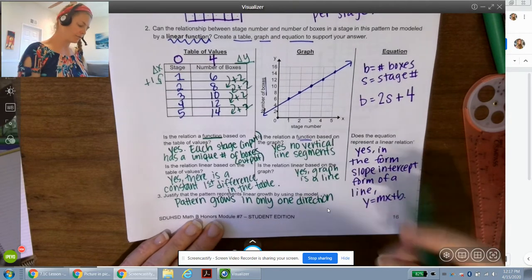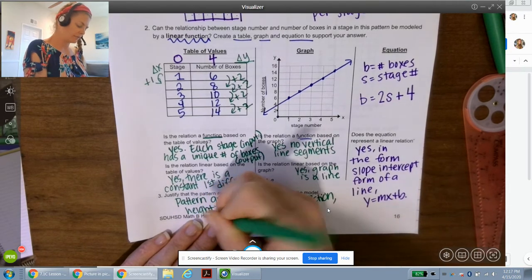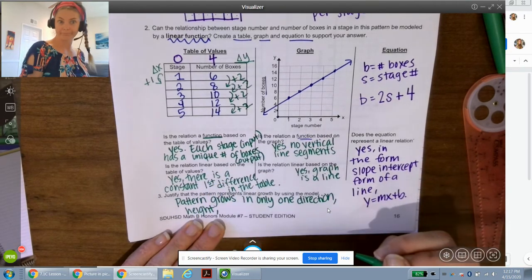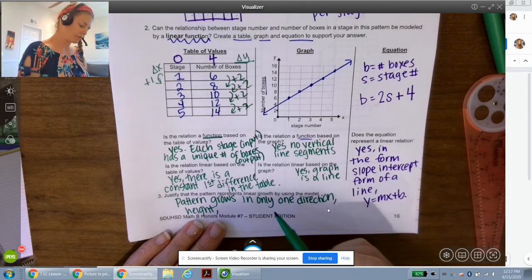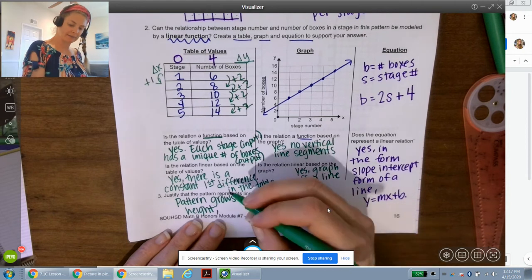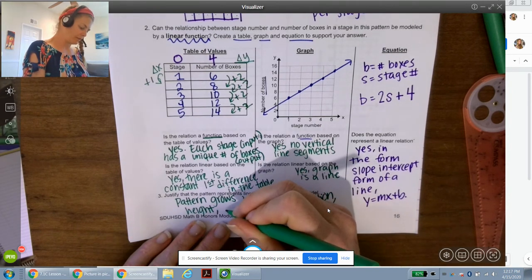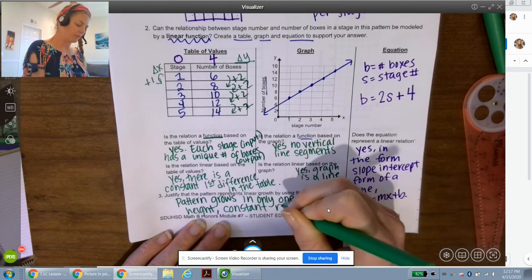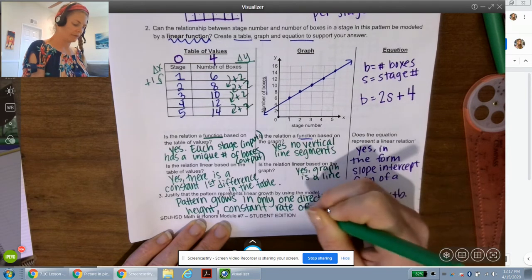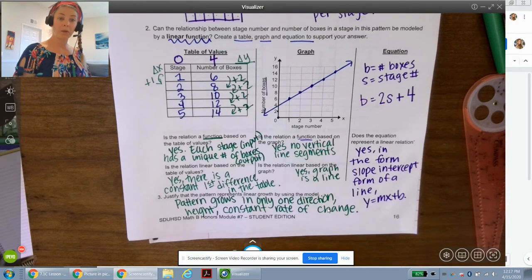So the pattern grows in only one direction, height. One dimension, one direction. Constant rate of change. Cool, let's keep going.